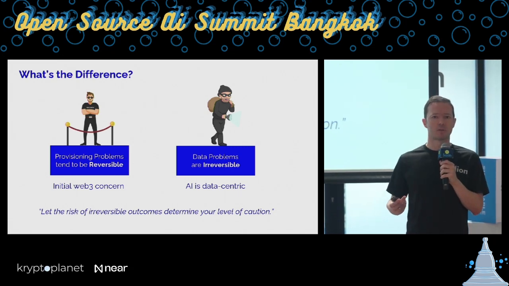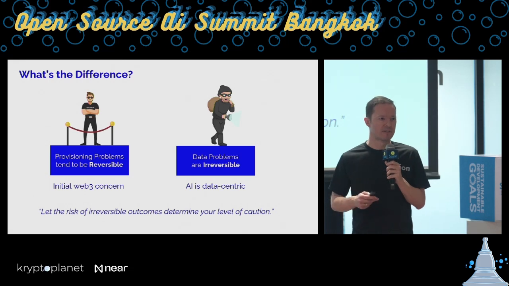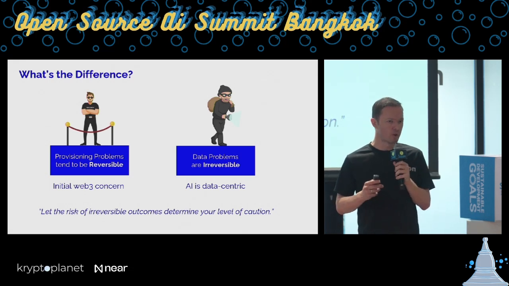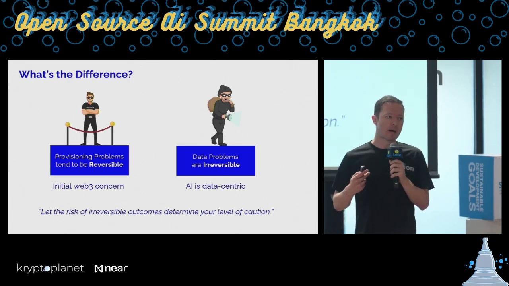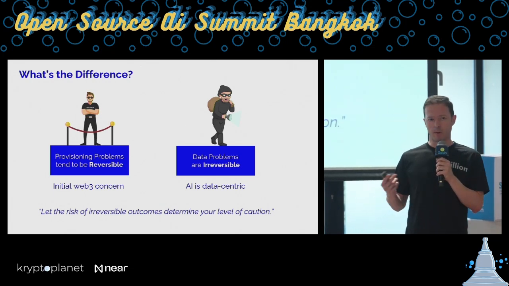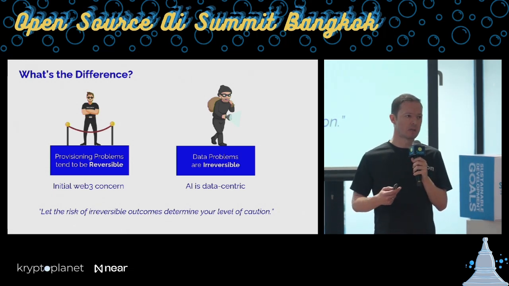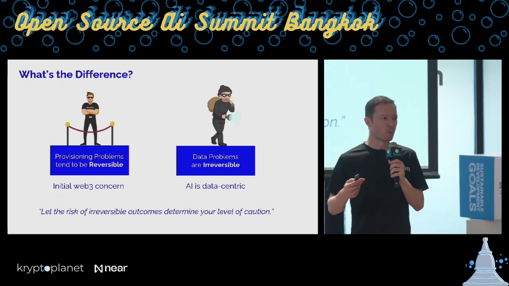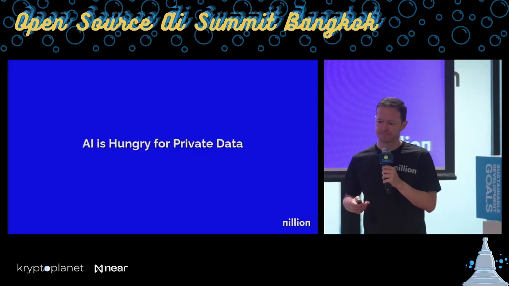It's an irreversible process. And common sense advises us to be very careful with those decisions that are irreversible, like this one, giving away your data. That combined with the fact that Web3, and in this case AI, is really data-centric, is already pointing towards the need to add privacy to decentralized AI.